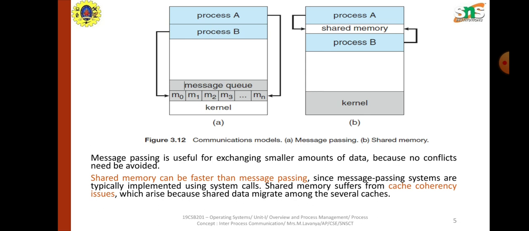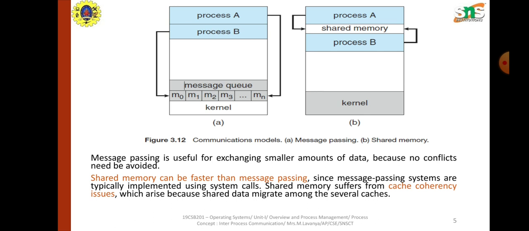And diagram B represents shared memory. As said, shared memory is a memory location shared by one or more processes. Process A and process B are accessing the same shared memory, as represented in diagram B.